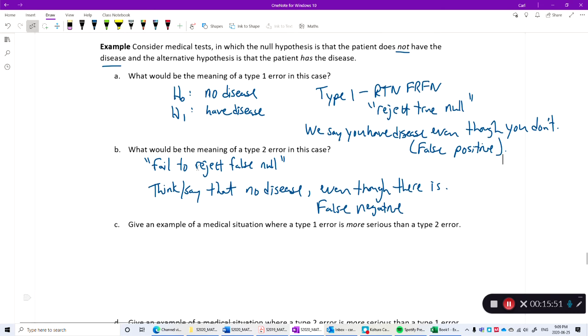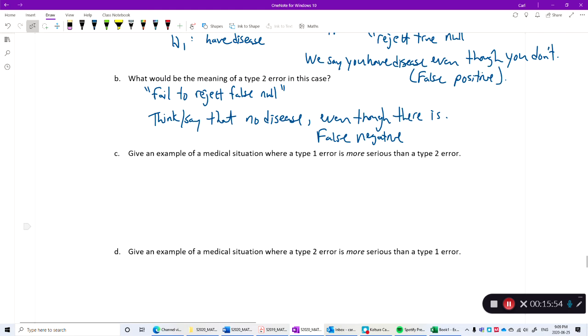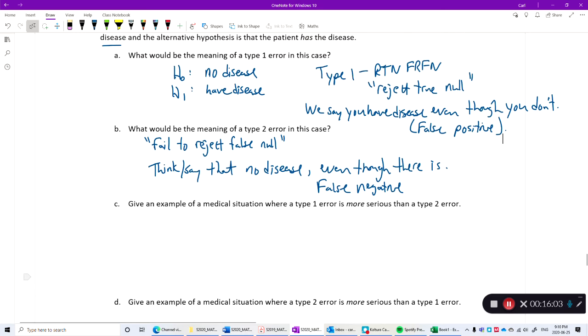Okay, now give an example of a situation where a type 1 error is more serious than a type 2 error. When would a false positive be more serious than a false negative? Okay, so one example would be DNA matching for criminal evidence.